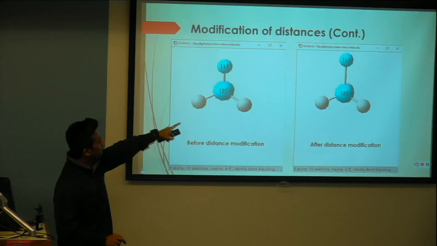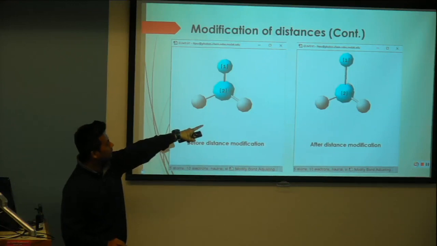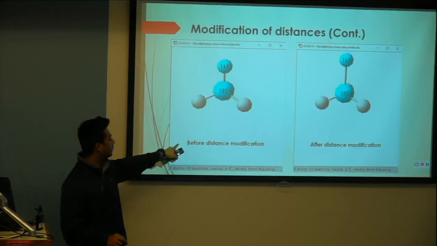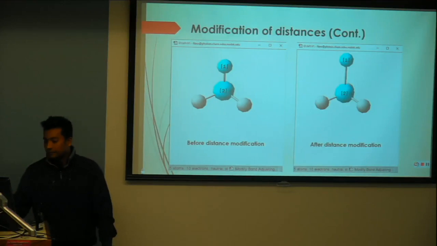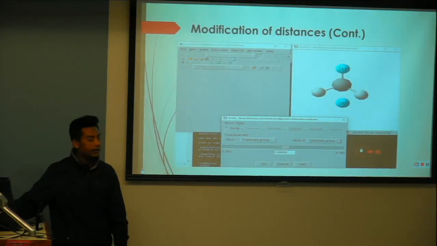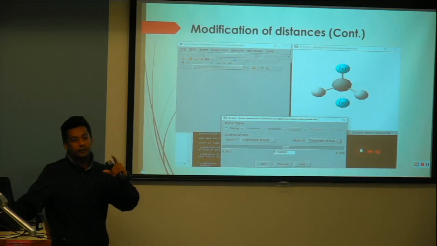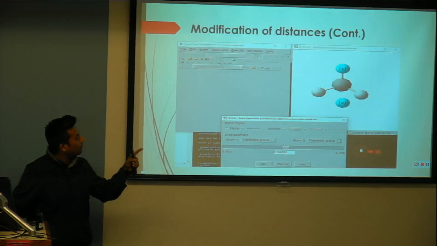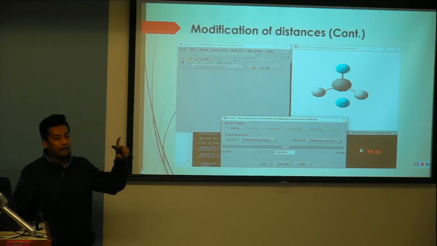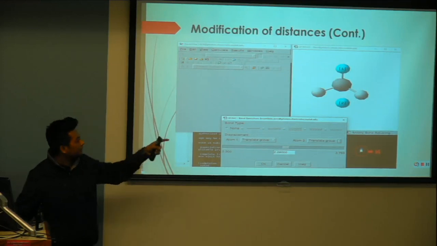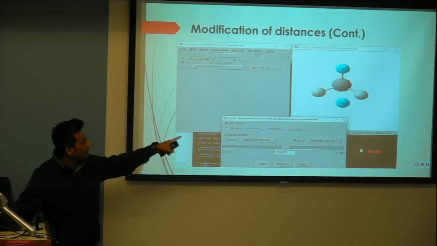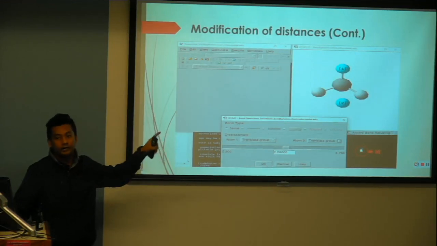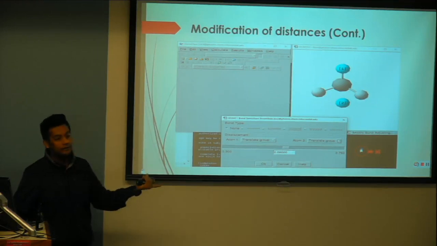So 1 and 2 are now not as close as before. With this option, you can make atoms closer or more distant not only when they are bonded, but also when they are not bonded. You see, atoms 1 and 2 are not bonded, so you can also change their distance with the same procedure.